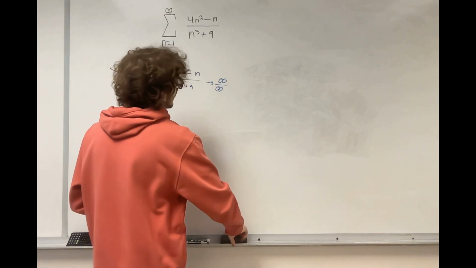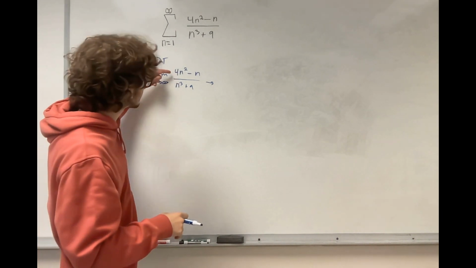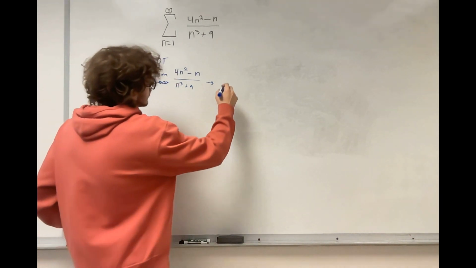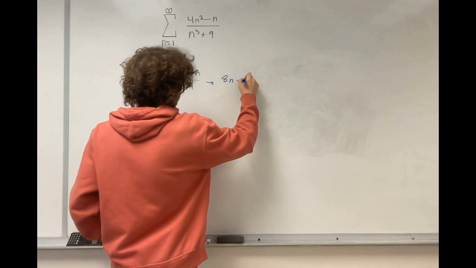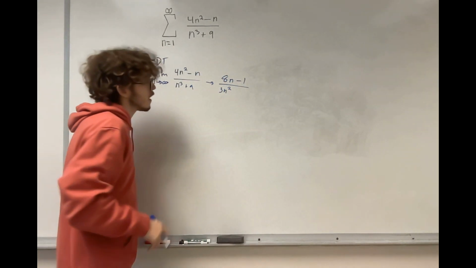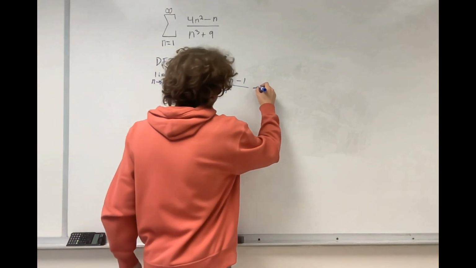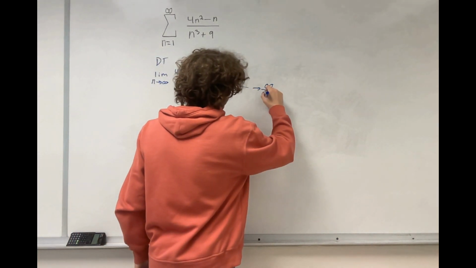So you take L'Hopital's rule, so take the derivative of the top and the bottom. You're going to get 8n minus 1 over 3n squared. Alrighty, you take the limit of that. Do you get a determinate value? Well, no, you also get infinity over infinity.